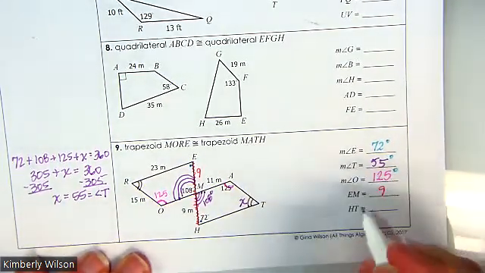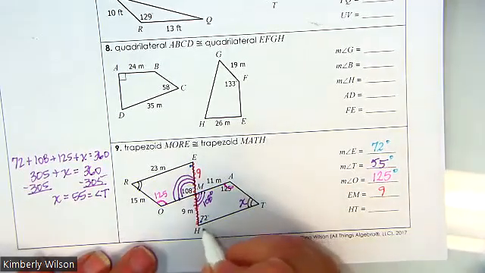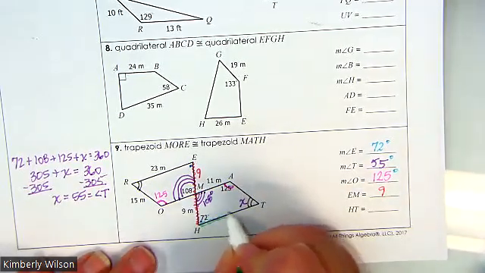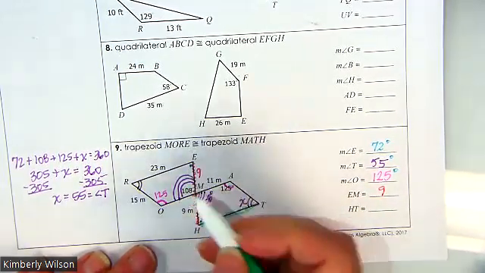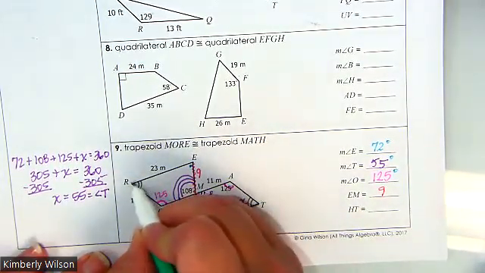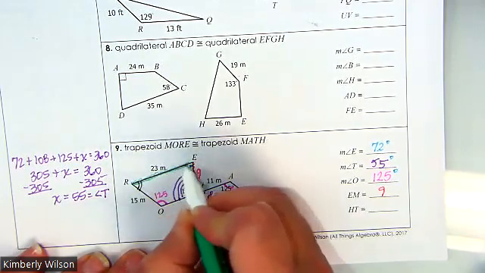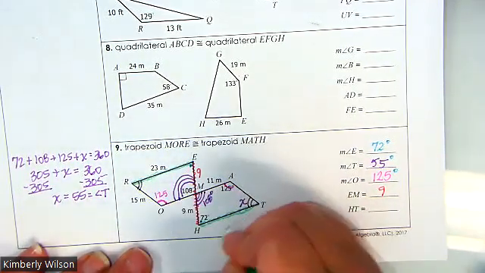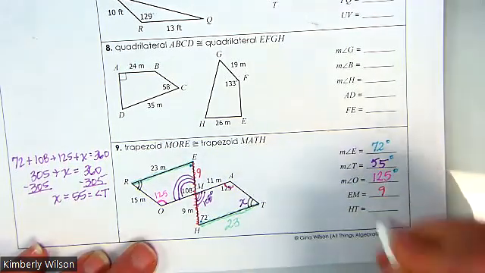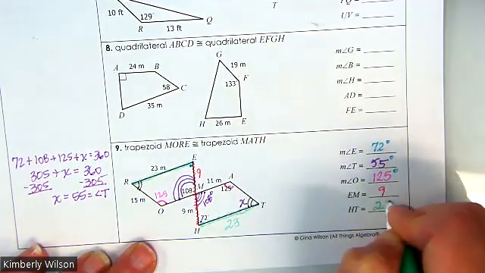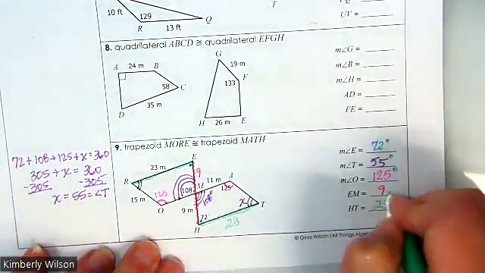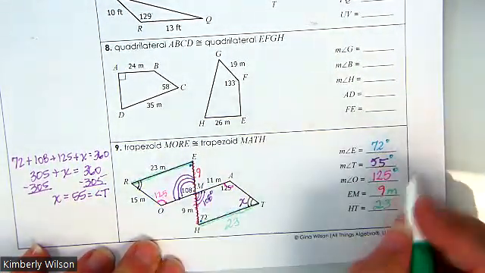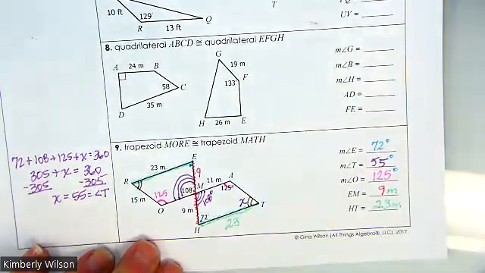And then it wants me to find HT. HT goes with ER, which is 23. So therefore, this side is 23. And this does not have a measure on it. Oh, it does, because they have units on here. So this has 23 meters and 9 meters.